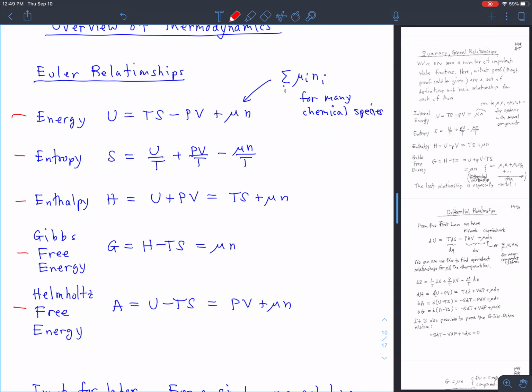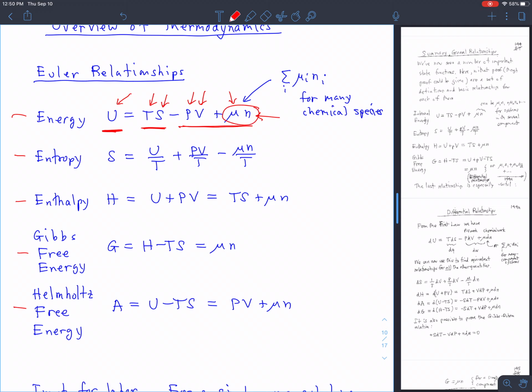So for the first one, it says that the energy is a combination of essentially a heat-like term and a work-like term, and basically this is a relationship between energy and other important variables like temperature and entropy and pressure and volume and chemical potential, which we'll now start talking about quite a bit more, and mole numbers.